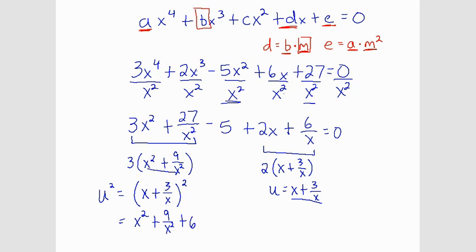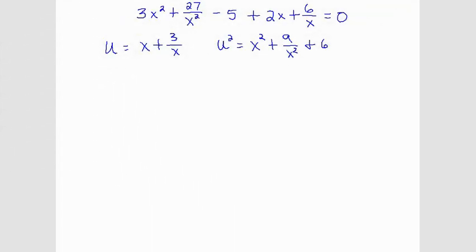So let me do a quick jump and copy this onto a nice, neat page. Okay, so I've got u here, but remember this quantity over here was 2 times u, so let's make that note: 2u equals 2x plus 6 over x.